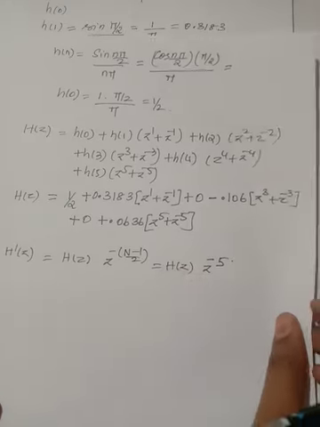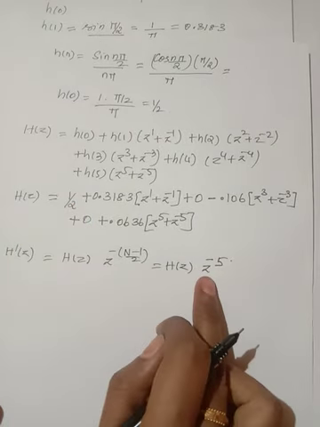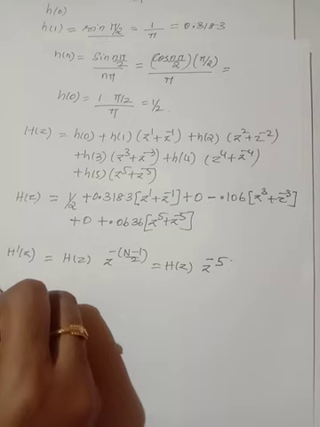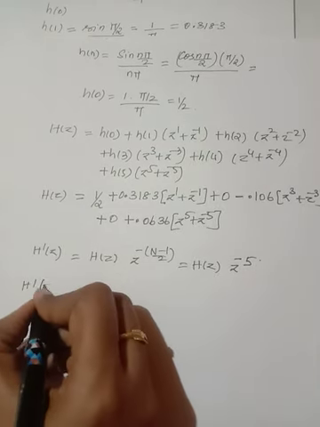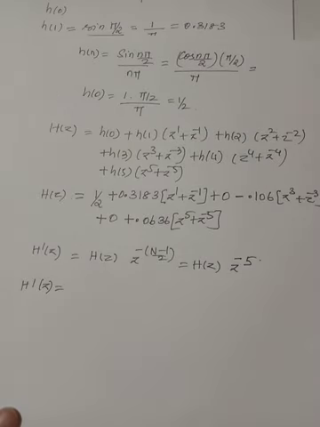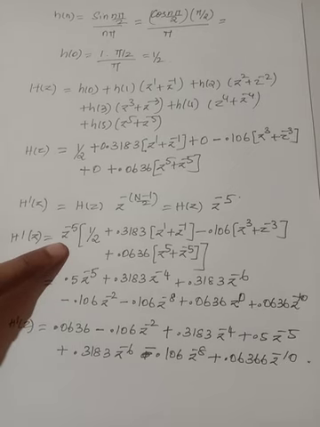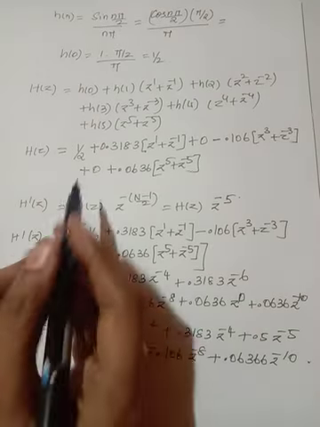Now I am going to multiply this with z power minus 5 to obtain h dash of z.